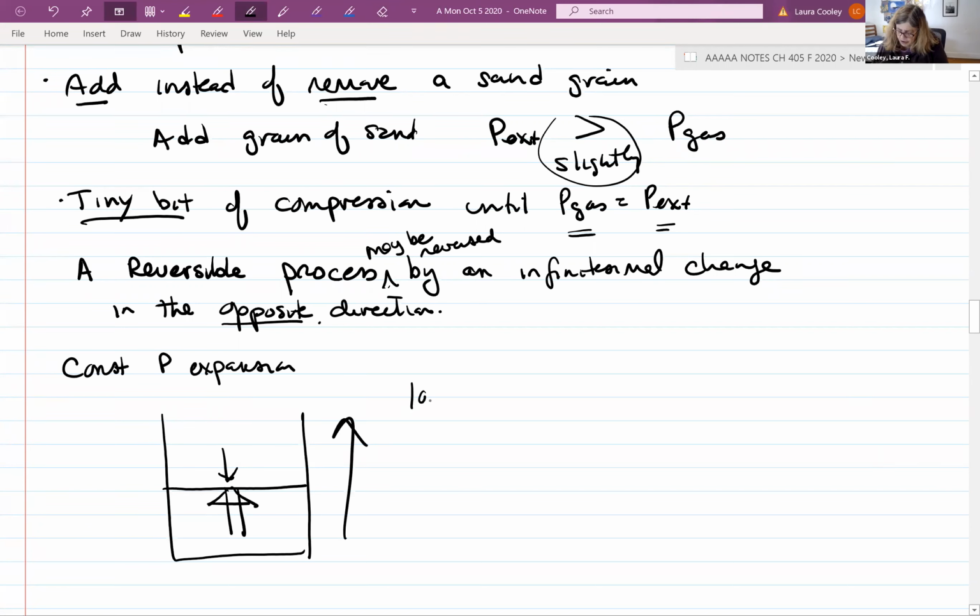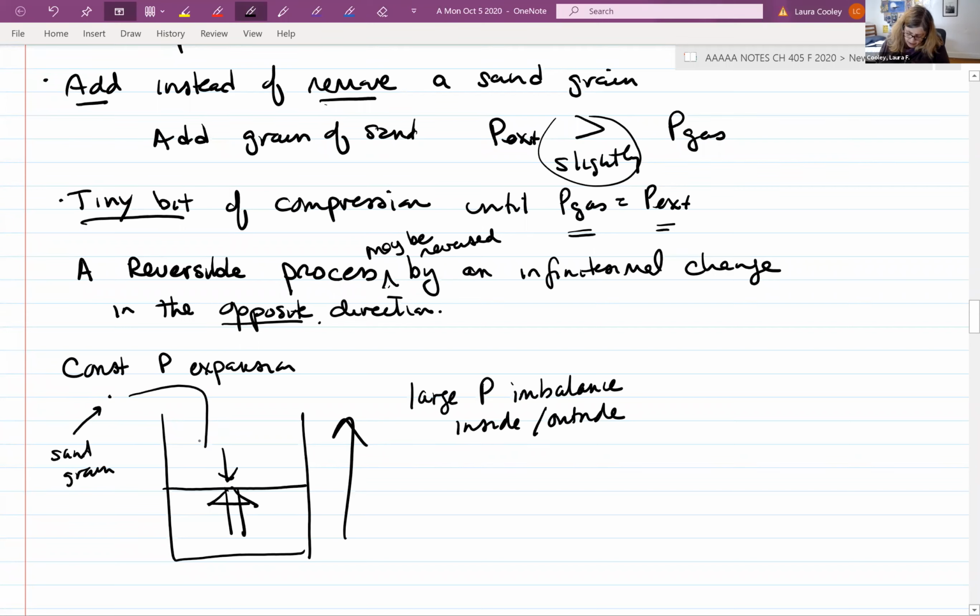There's a large pressure imbalance between the inside and the outside. Now, if I took a sand grain and dropped it on top of that piston while it's expanding, is anything going to change about the direction of that expansion?